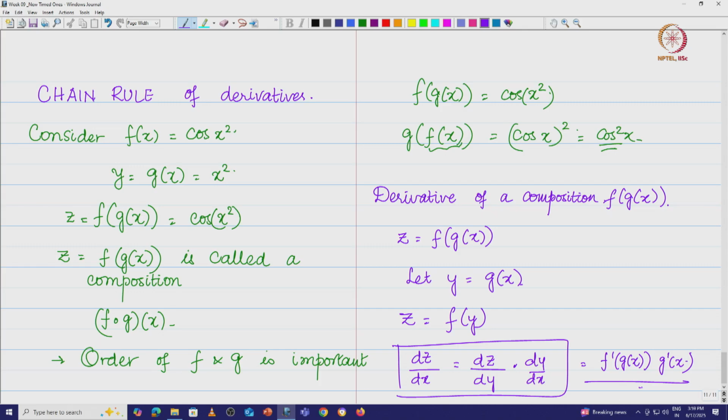We will just take an example and we will be understanding it better. So, let us consider this example where the function z is nothing but sine of square root of x plus 1.